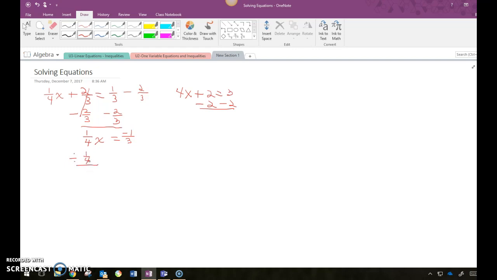But I remember that dividing fractions means that I multiply by the reciprocal. So I've got negative 1 times 4, which is negative 4, and 3 times 1, which is 3. So x equals negative 4/3, or I could write that as negative 1 and 1/3. I don't have to, unless I'm asked to write it as a mixed number, but either answer would work.